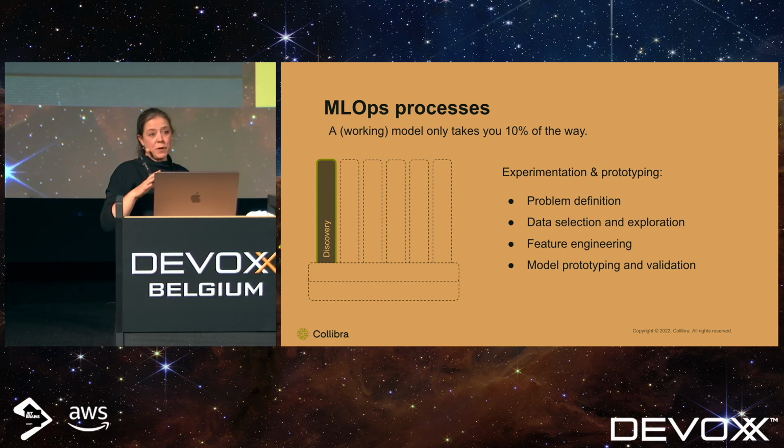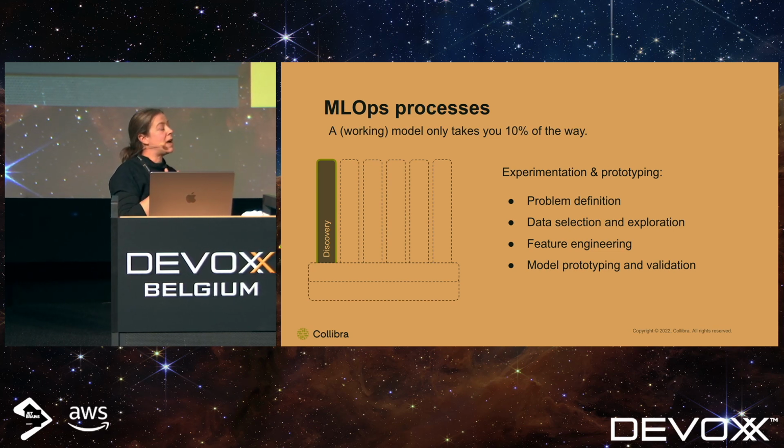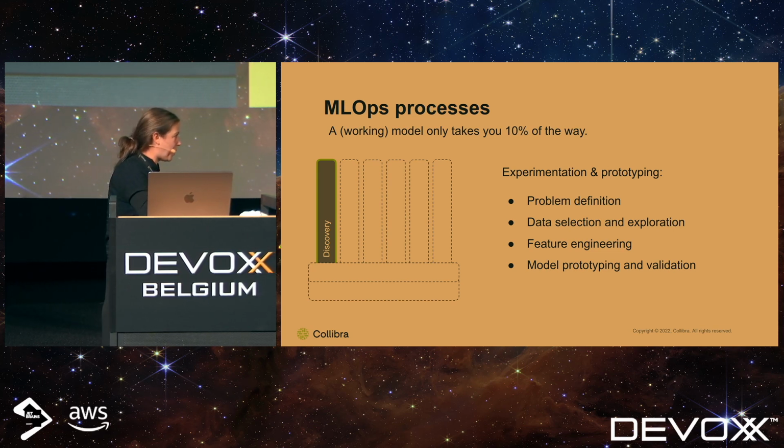But working for Collibra, our customers are external, so our ML solutions have to go into a product and have to serve customers in many different situations. So in that case, having your discovery phase really only takes you 10% of the way. And so let's look at what comes next.